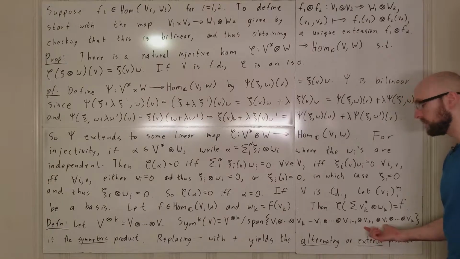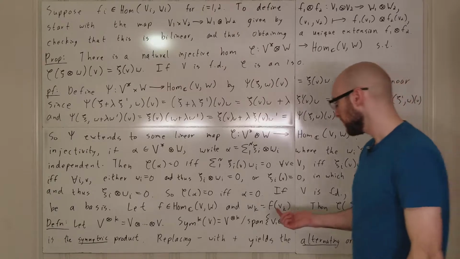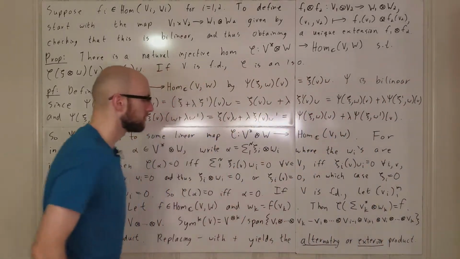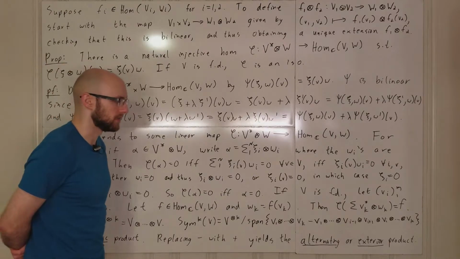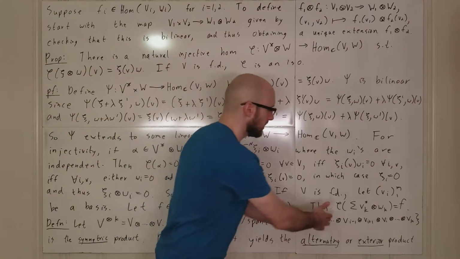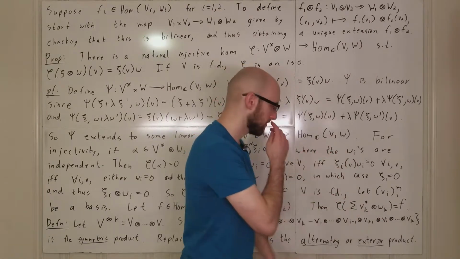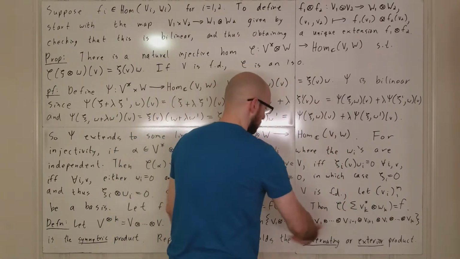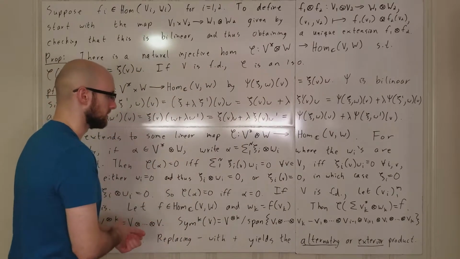We took vi and we took vi+1 and we flipped them. And this is going to hold for every single i between 1 and k minus 1. So basically you can take any two adjacent vi's and flip them, and take this difference and just consider the span of these things.